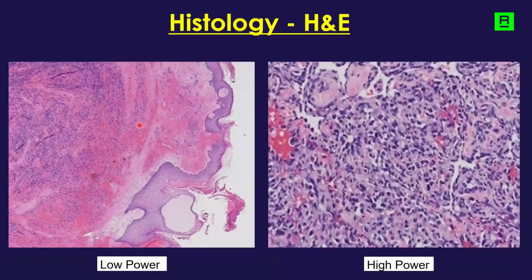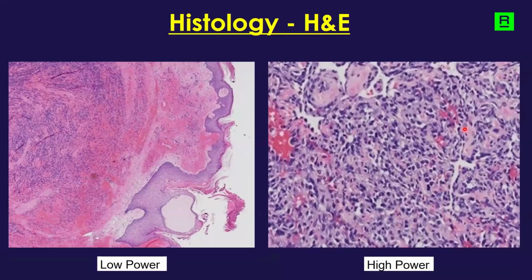On histology, this is a low power view of the nipple. We have these bluish cells infiltrating into both the dermis and epidermis. Here's a high power of these poorly differentiated blue cells. The cells are trying to make these little slit-like empty channels.